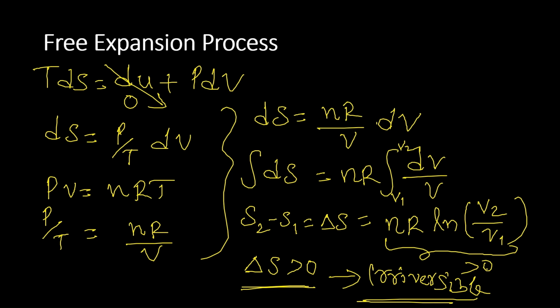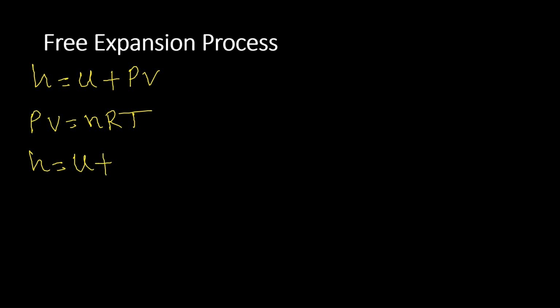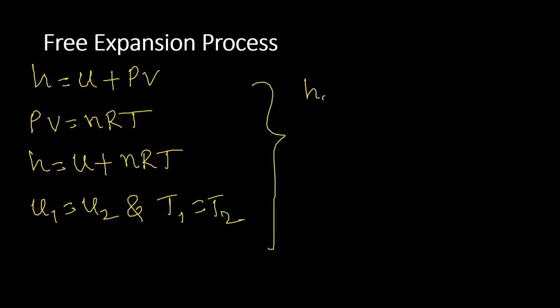For closed system, H is equal to U plus PV, where H is enthalpy of the system. For ideal gases, PV is equal to nRT. Substituting that in the above equation yields H is equal to U plus nRT. Now, for free expansion process, we know U1 is equal to U2 and T1 is equal to T2. So, by obtaining H2 minus H1, we have U2 minus U1 plus nR times T2 minus T1, as n is constant and R is constant.